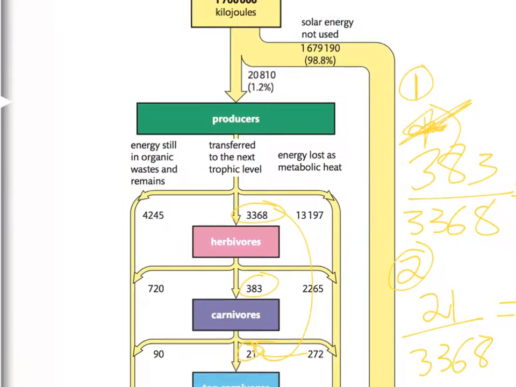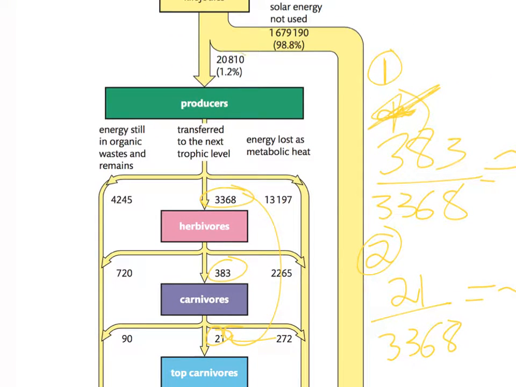So we're going to take this number and divide by that. 4,245 divided by 2,810. And we have about 1/5 or 20%.